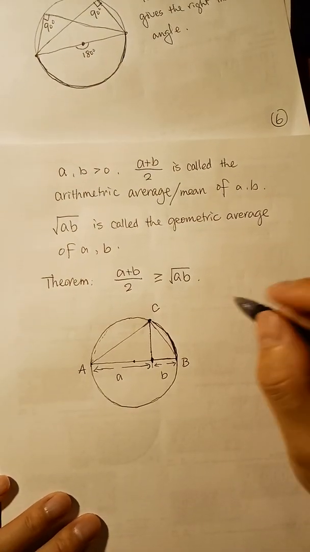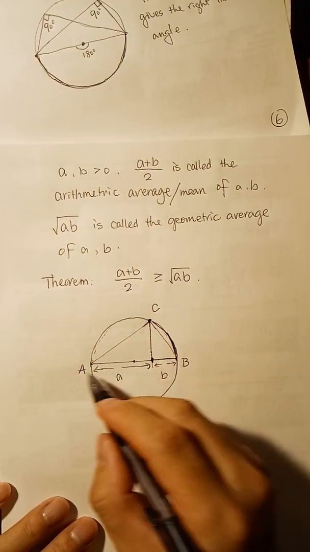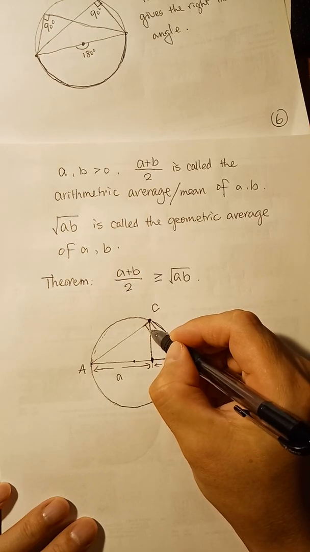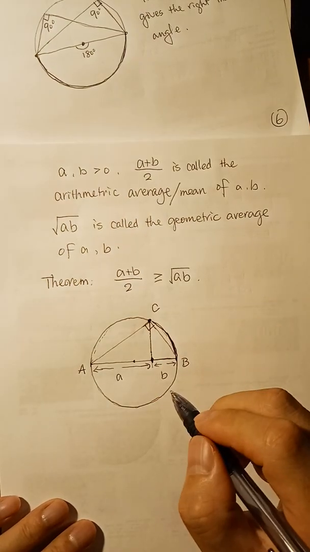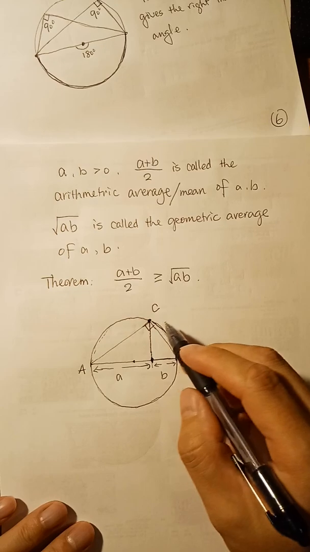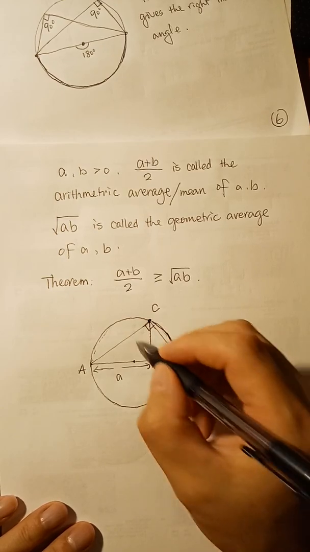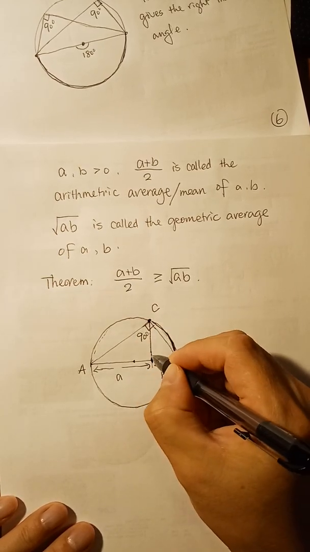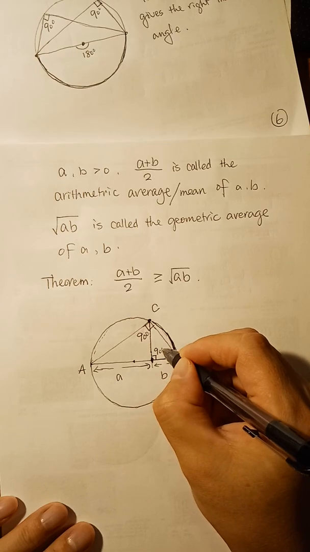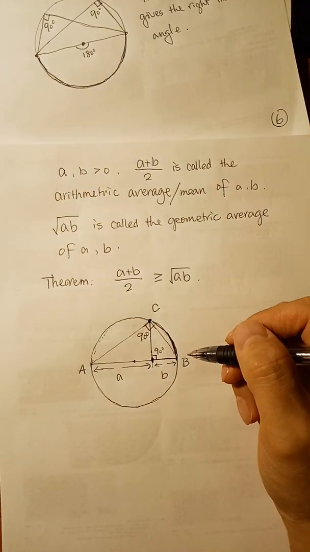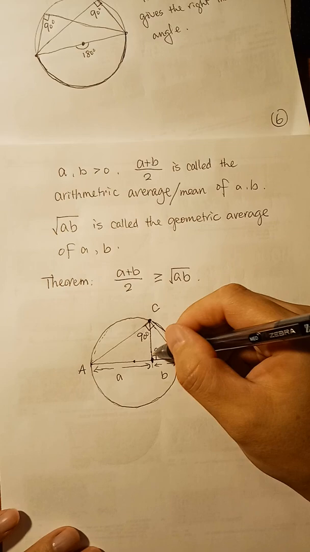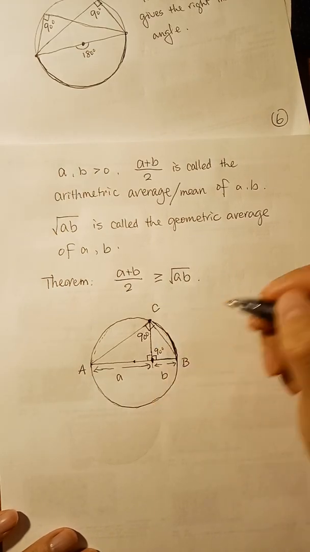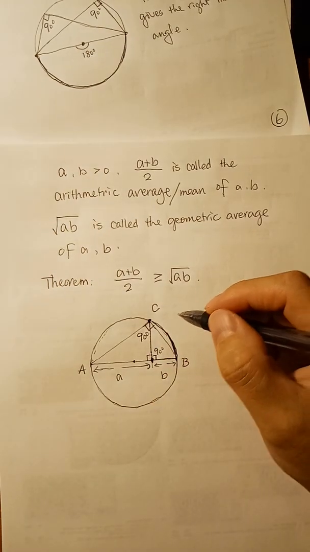From the previous discussion, we know that AB is a diameter. This is a 90 degree angle, the corresponding inscribed angle is 90 degrees. Here, remember, we drew the perpendicular line, so this is 90 degrees.